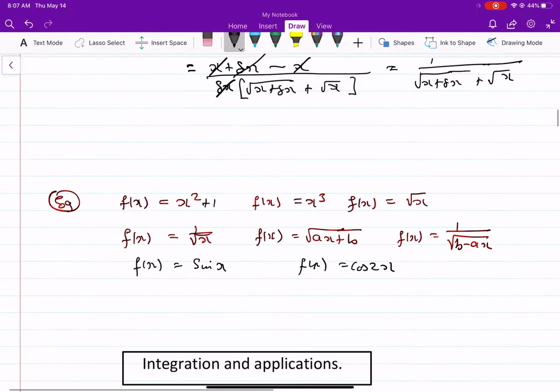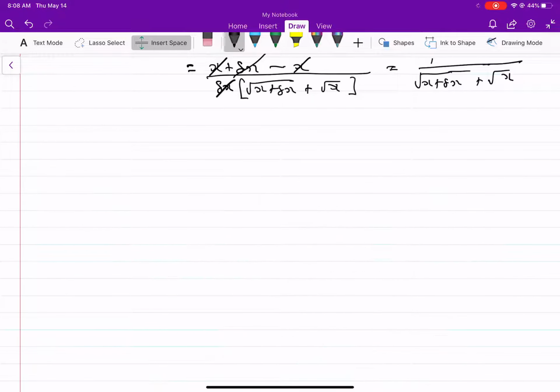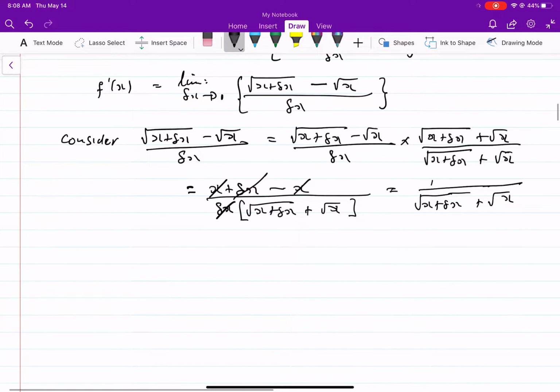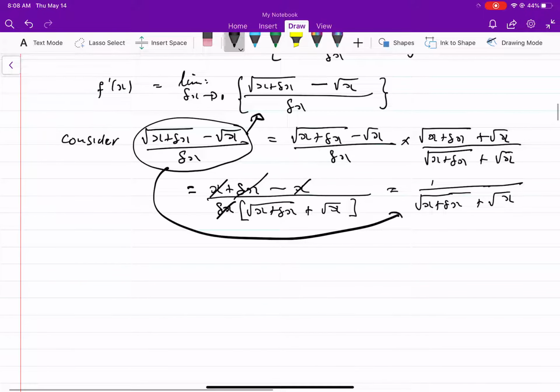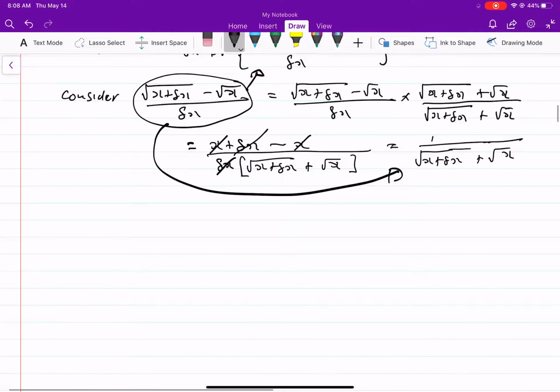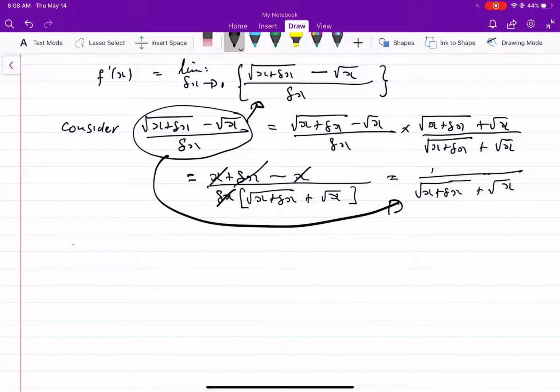Now what do we do with that? Well, we write it back in terms of the limit because we're finding f prime of x. That is now my new expression for this thing I considered, which came out from there, now looks like that. So therefore, f prime of x is equal to the limit, as I'll write both, approaches 0 of the original thing, which was the root of x plus delta x minus root x upon delta x.